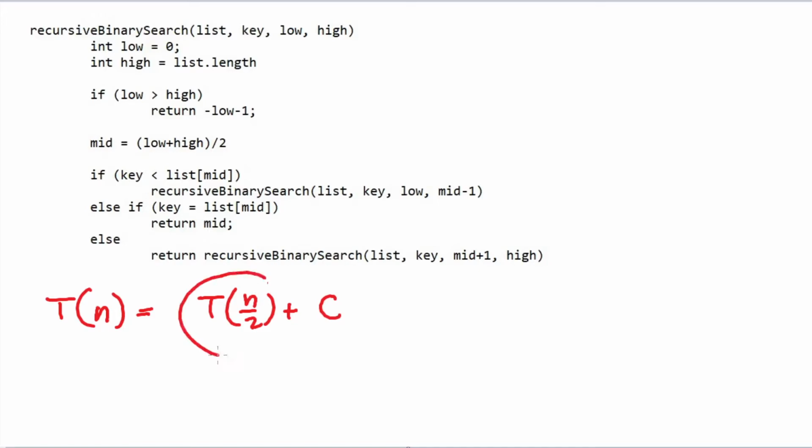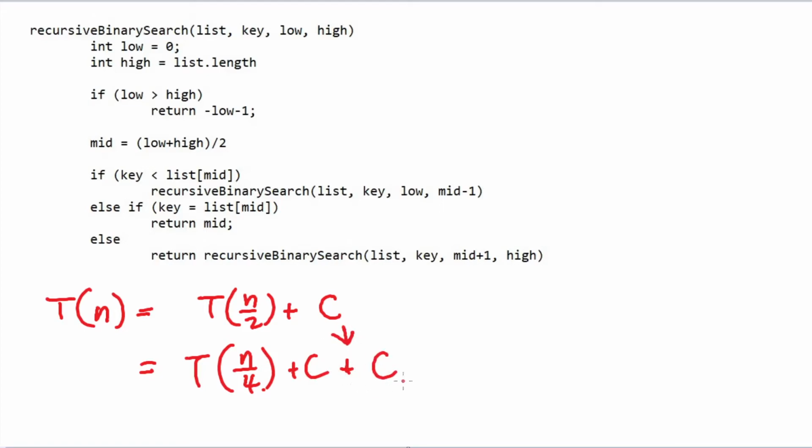Now if I want to calculate what T of n over 2 is, and we follow this same pattern, then that's equal to T of n over 2 divided by 2, which is T of n over 4, plus some constant, and let's go again.